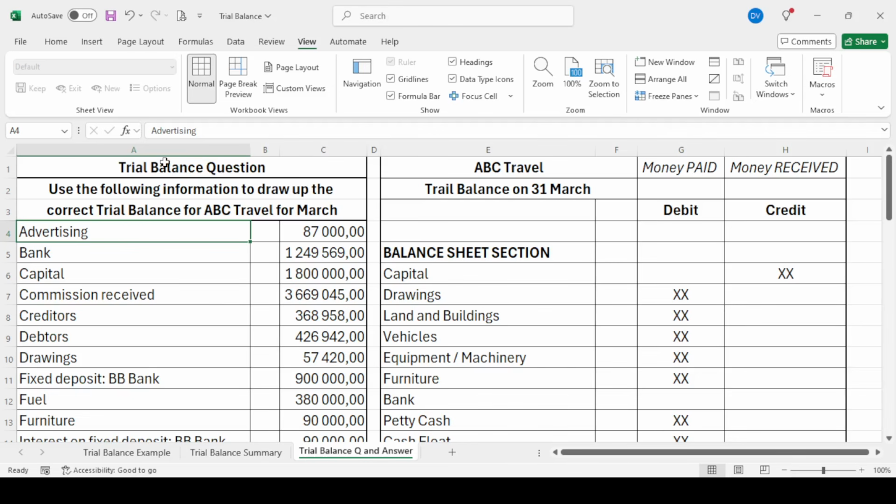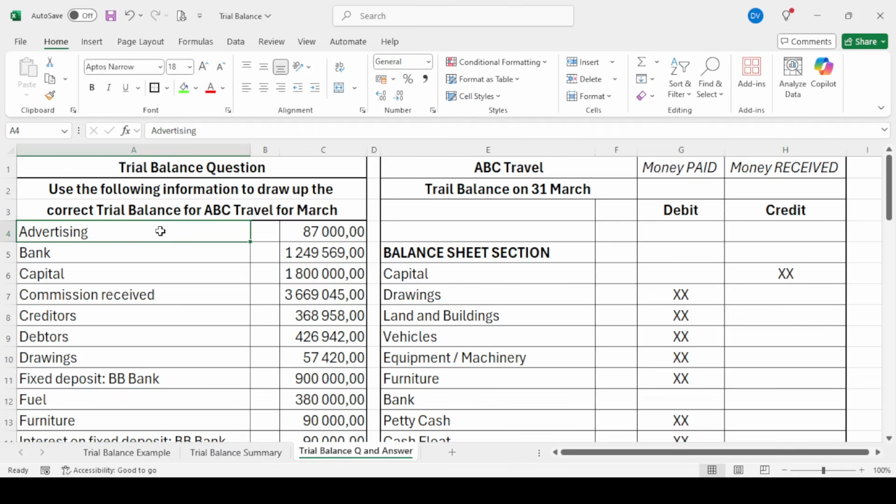How should you approach a question like this? Now, before you even do anything, the first thing that you should do is to make a little note and just indicate to yourself if this is a B account for balance sheet section or if it is an N account.